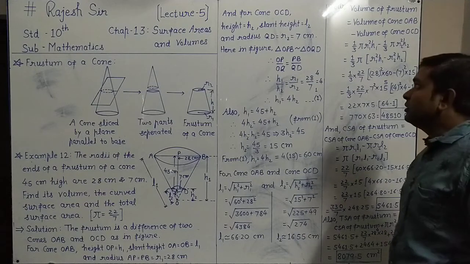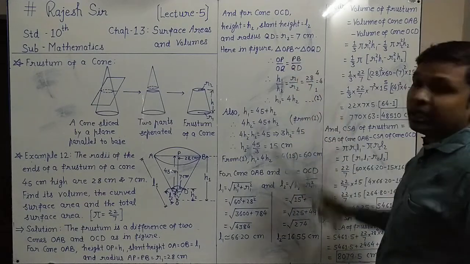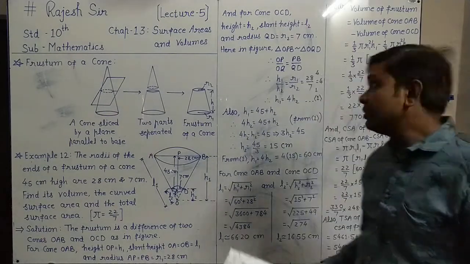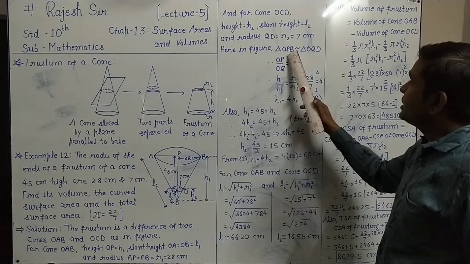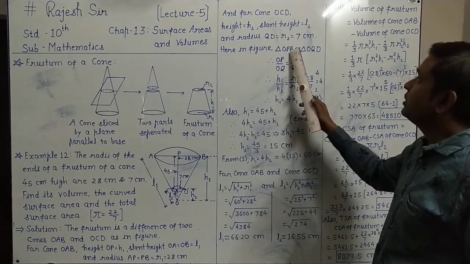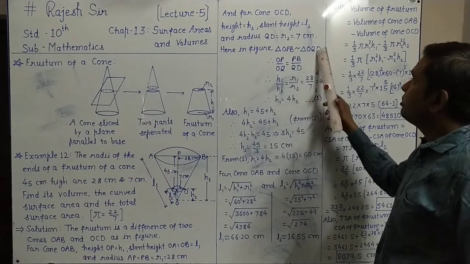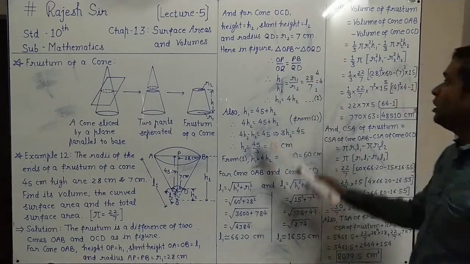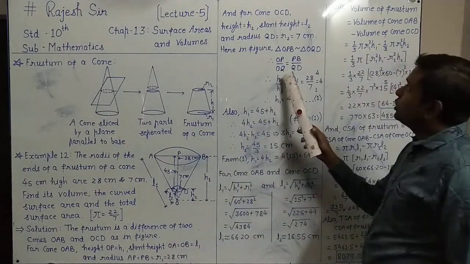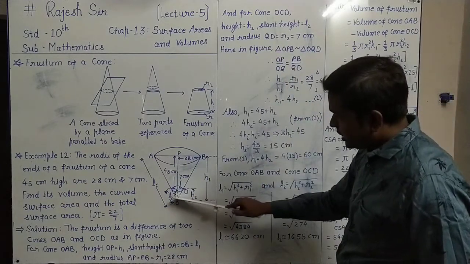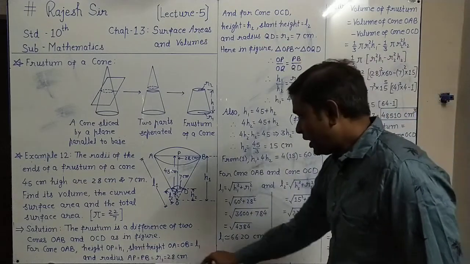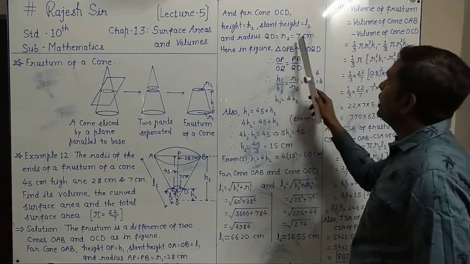If the two triangles are similar, by definition, the corresponding sides are in proportion. So OP upon OQ, first side upon first side, equals second side upon second side, that is PB upon QD. Now OP is actually H1 and OQ is actually H2, equals PB is R1 and QD is R2.